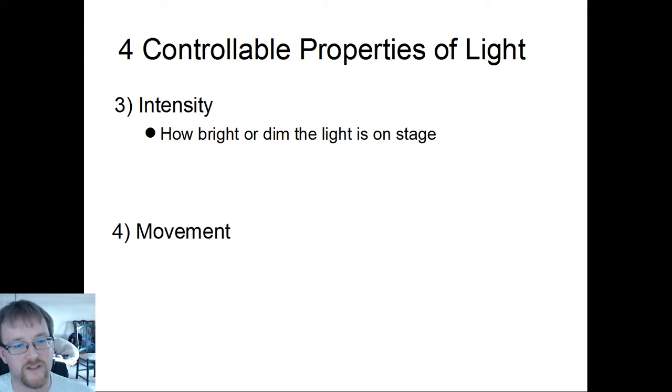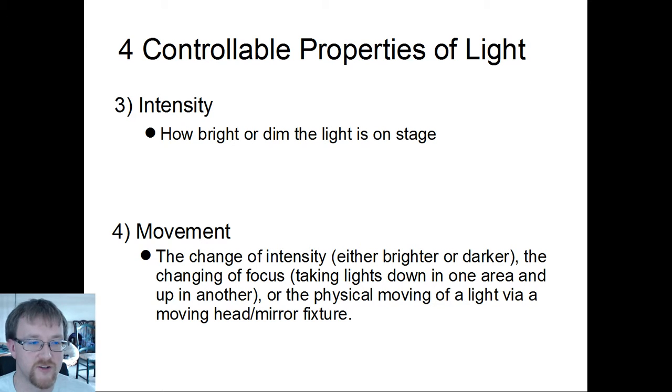And the fourth one is movement, which is either a change in intensity, either something getting brighter, something getting darker, a change of focus on stage, that is to say if the light's coming down in one area and coming up in a different area, or the physical movement of a light via a moving head fixture or a moving mirror fixture.